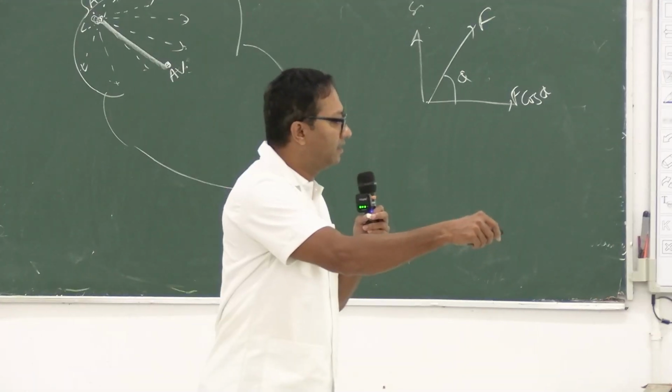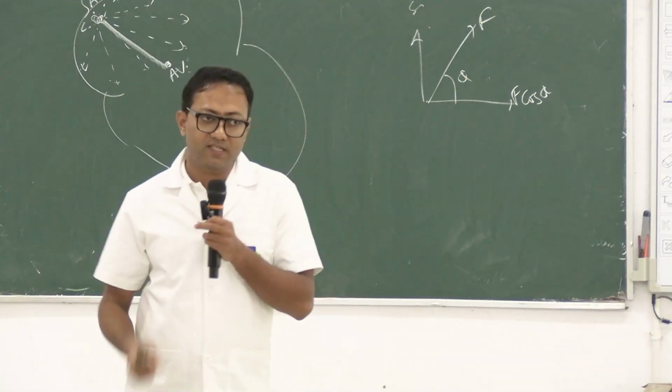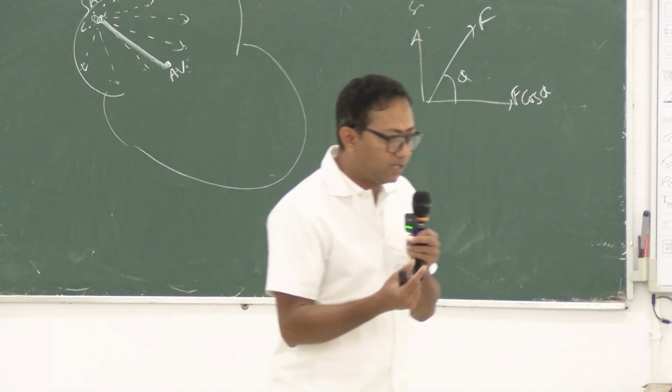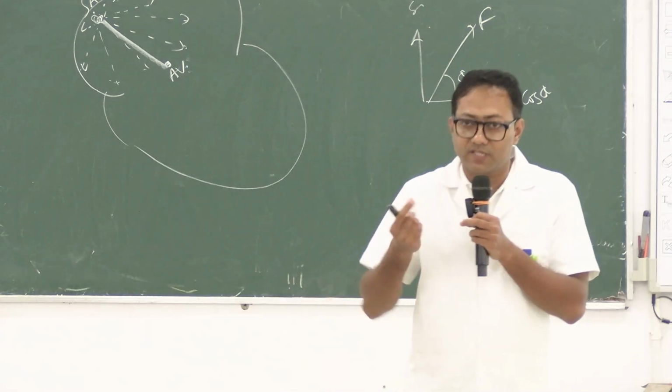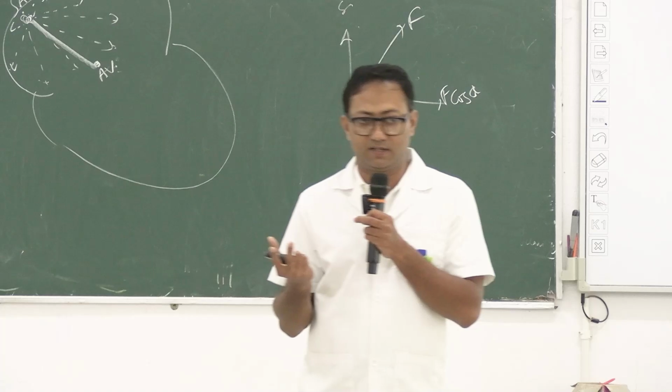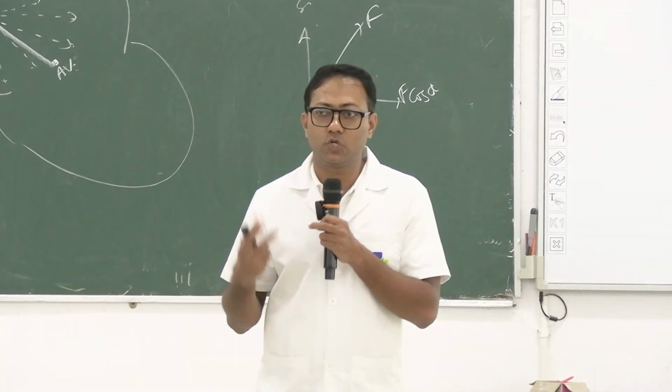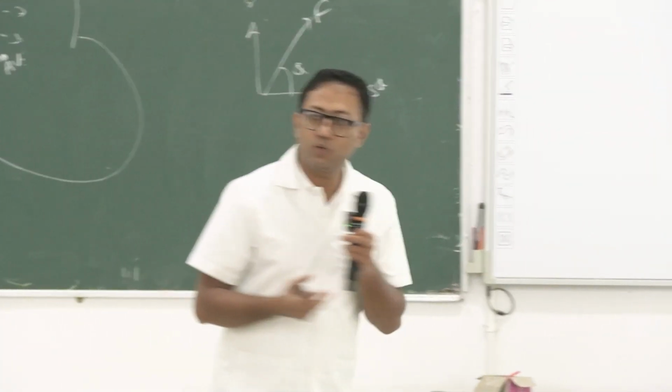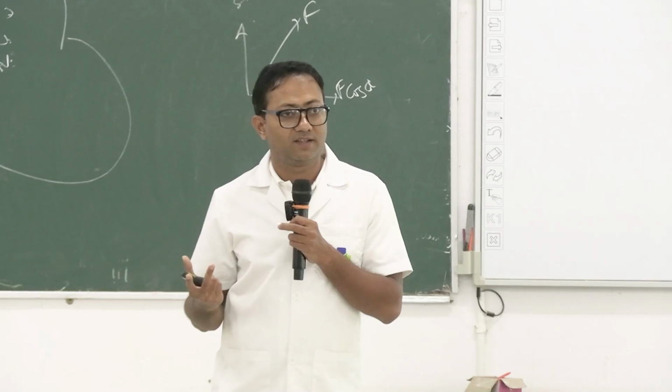This is a small vector which is required to depolarize the interventricular septum. But we need a much larger, much more powerful vector to depolarize the ventricular apex. Why?